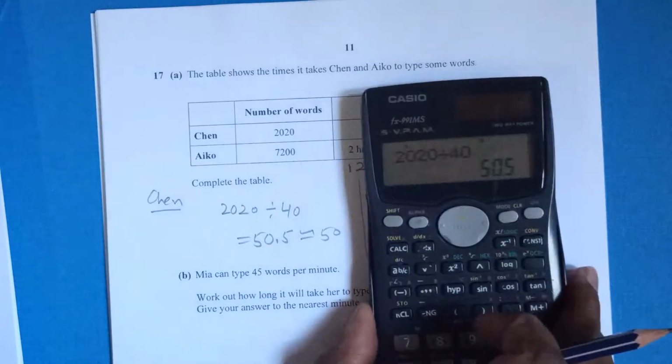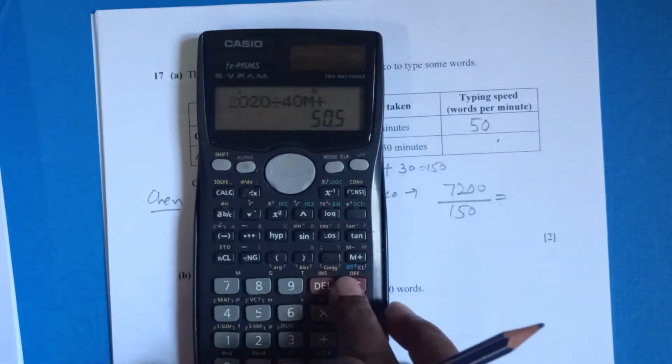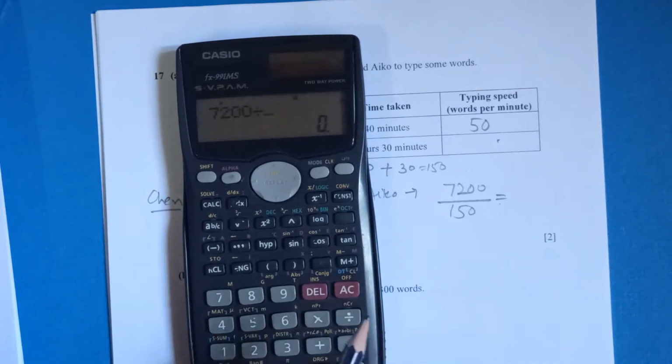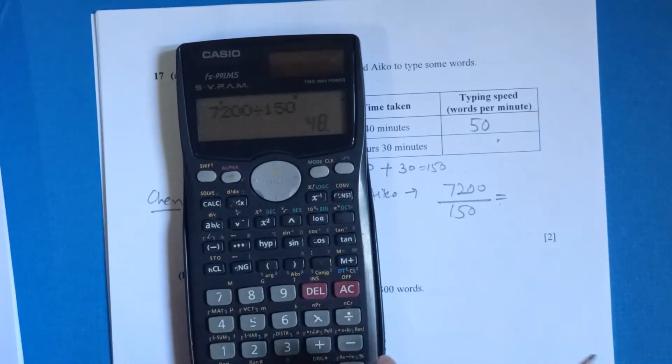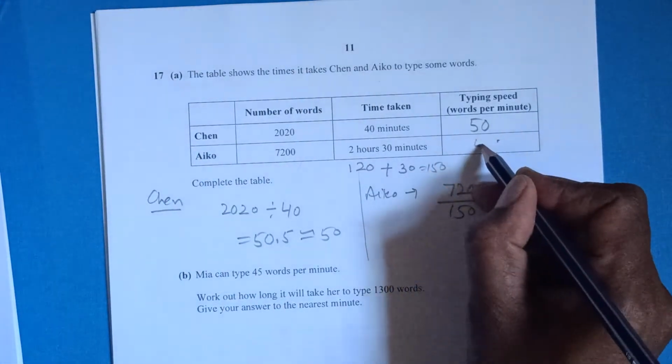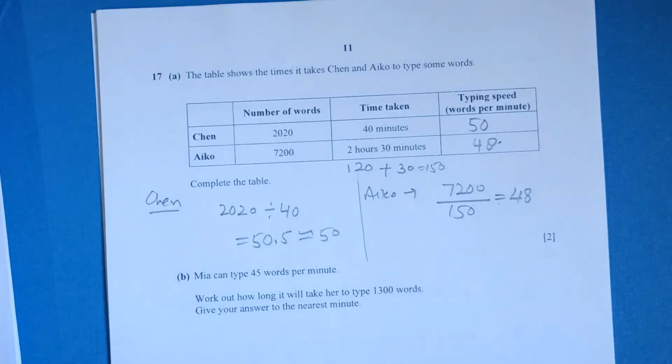So let's see what it is. 7,200 divided by 150. So this is 48. So we have completed this table.